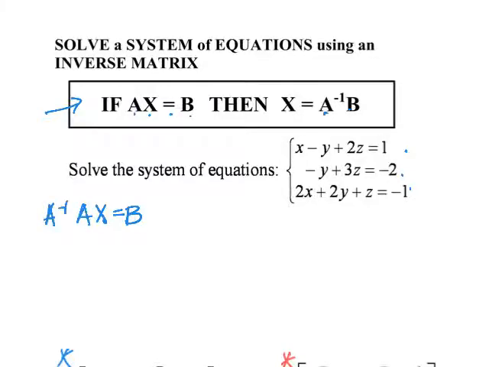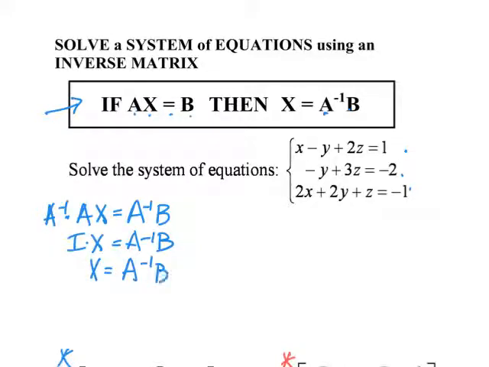If you do something on one side, you need to do it on the other. Order matters though with matrices, so I'm going to do it like this. And we know from the property of matrices, anytime you multiply a matrix times its inverse, you're going to get the identity. And we know that any matrix times its identity returns the matrix. So that shows you why this leads to this.